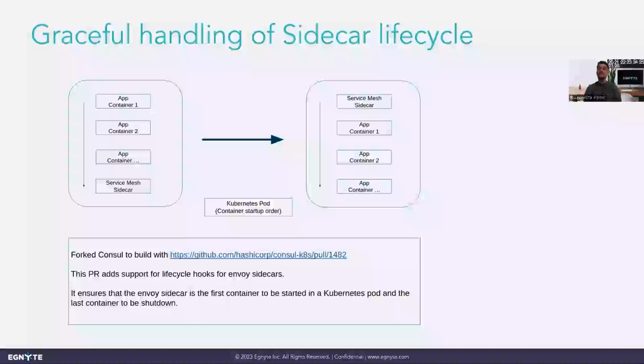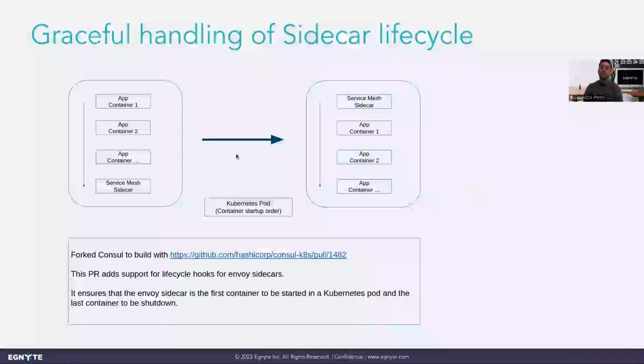For the time the sidecar is not available, the application containers will get connection refused when connecting to the dependent services. In fact, in our QA environment, we get thousands of errors for each pod when it starts up, because it is not able to connect to dependent services via the sidecar, because the sidecar starts at the very end.